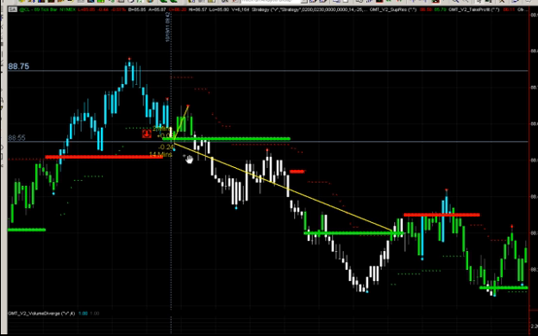Without using any filters at all, we just took the trade once it broke support or broke resistance, depending if we were long or short. In this example here, we would have had a 9-point maximum adverse excursion, and then our profitable trade was 24. So we can add that information to our data set.